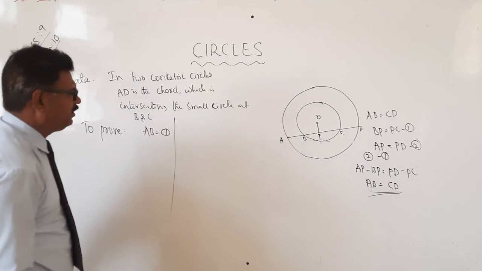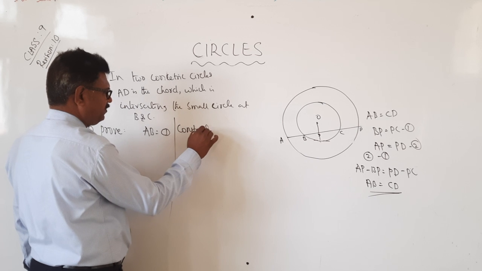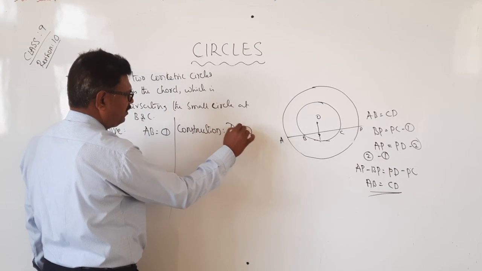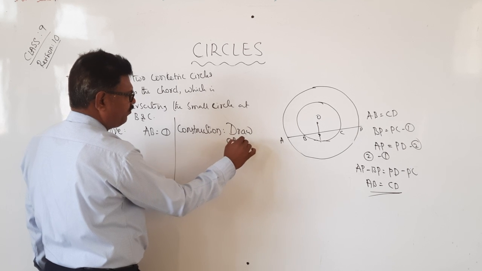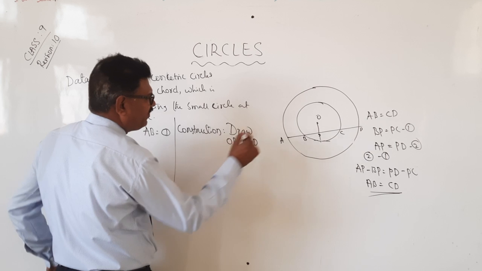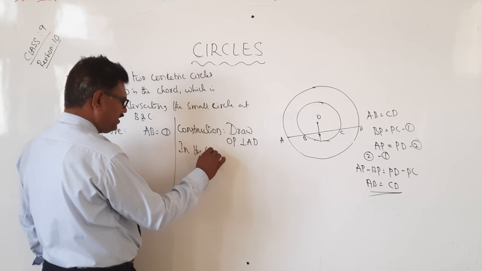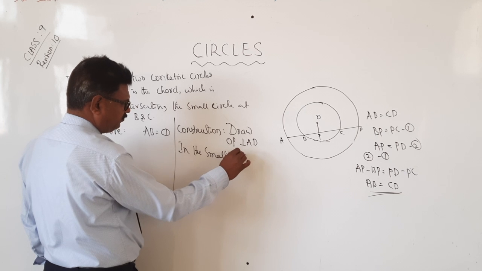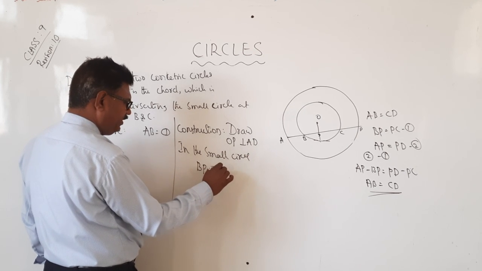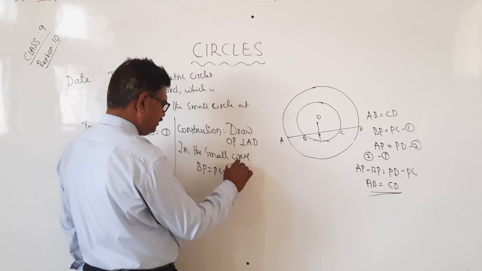Now very simple. Now construction. Draw OP perpendicular to AD. Now take the small circle. Yes. In the small circle, BP equal to PC. This is 1.